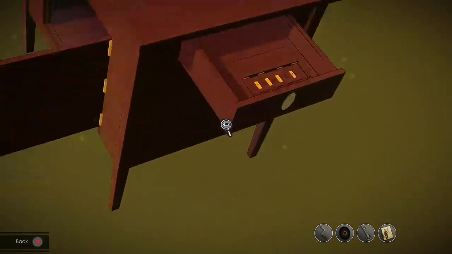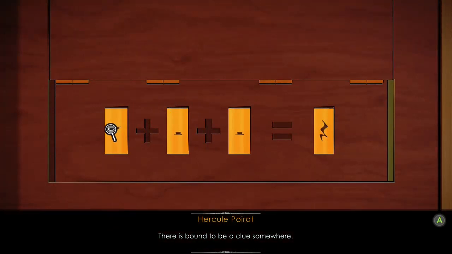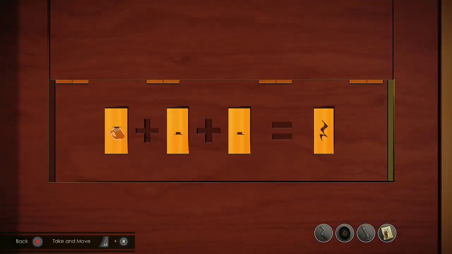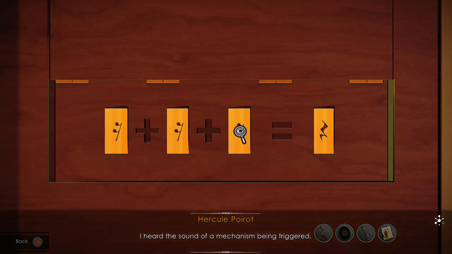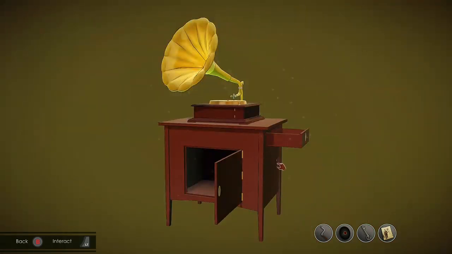Alright. There is bound to be a clue. Yes, shut up, Poirot. 2 of them. Plus 1 of them. Yeah! I heard the sound of a mechanism. Go us.